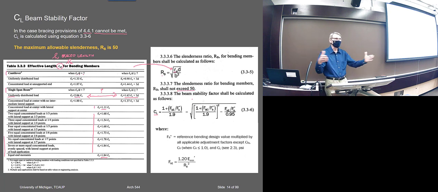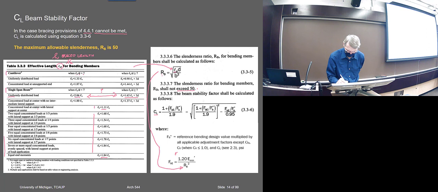So if you've got one that's bigger than 50, it's too slender. It's considered too floppy. That would be in danger of failing, instability. So that, first off, has to be under 50. And then when you get that, it is used in the Euler equation down here somewhere. Okay, so this is basically, I think, the Euler equation.